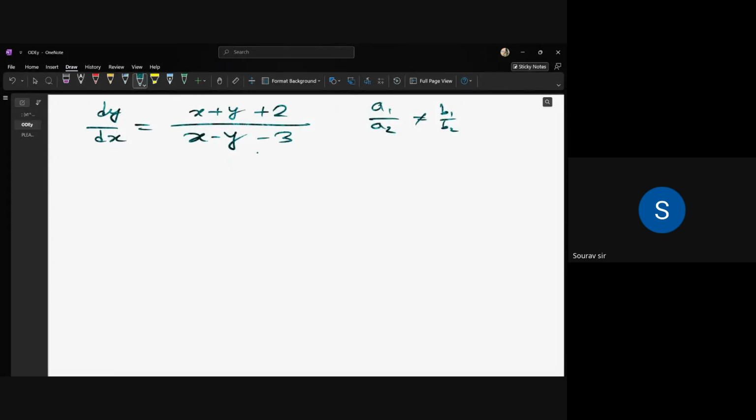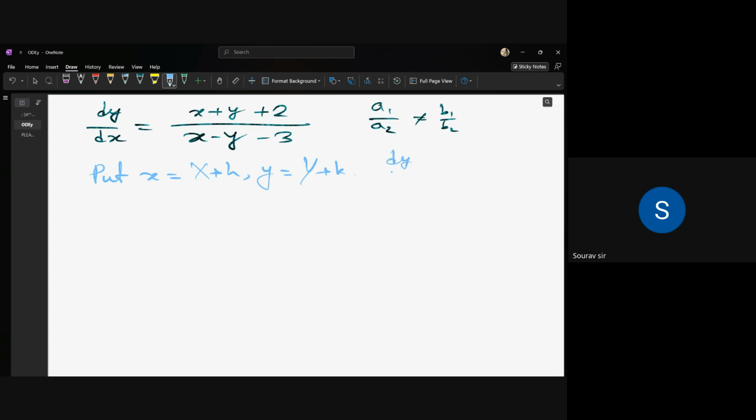Now as we are getting this, how can we solve that? I just told you to put x equals X plus h and y equals Y plus k. Okay, so let us see what happens now.